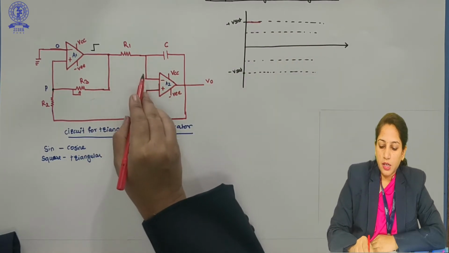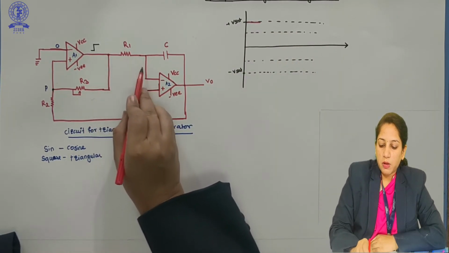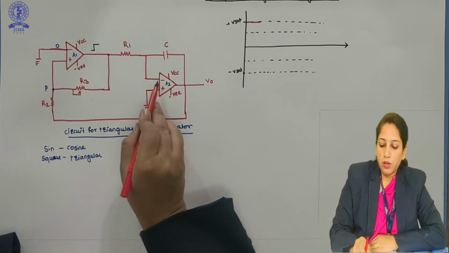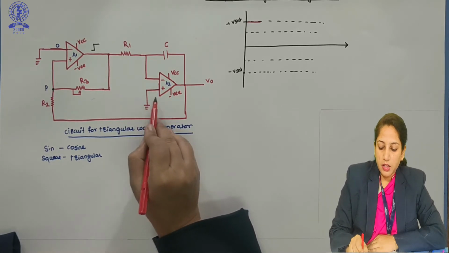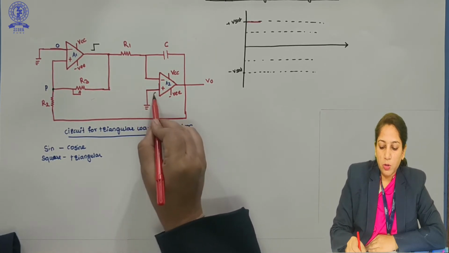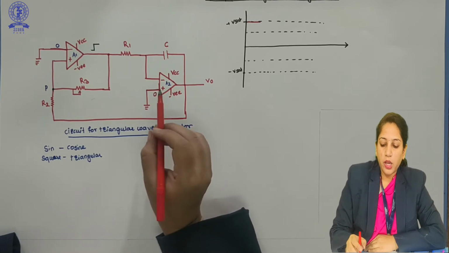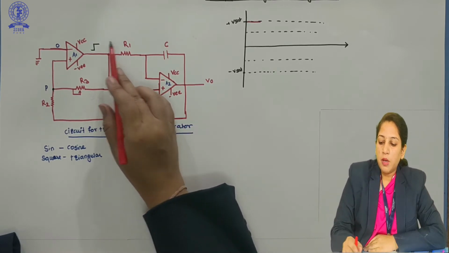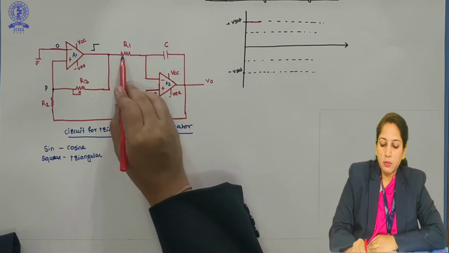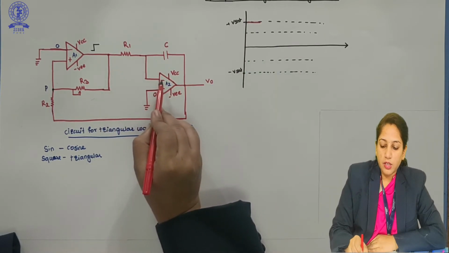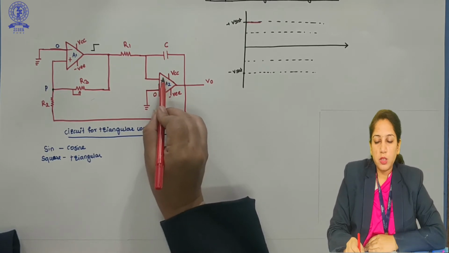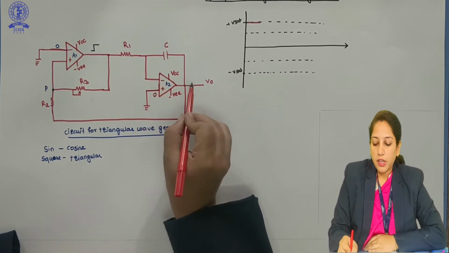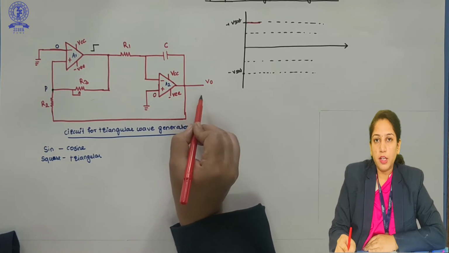Similarly, this positive saturation, a positive voltage, will be given to the inverting terminal of the second operational amplifier. Here the non-inverting terminal is connected to ground, so the voltage is 0. If I give some positive voltage on the inverting terminal, then there will be more voltage on this inverting terminal and hence I will get the output in a negative way.